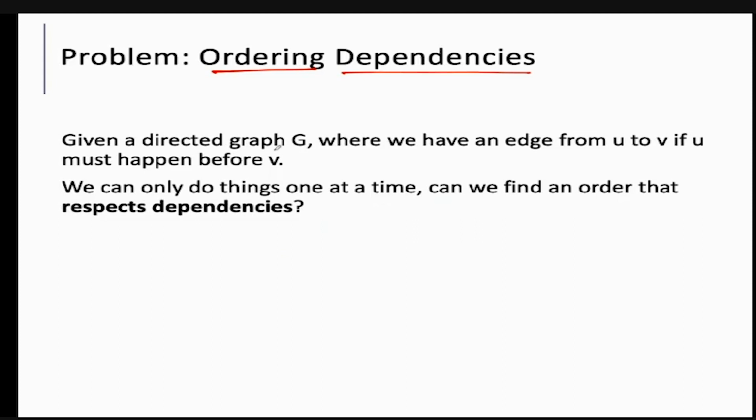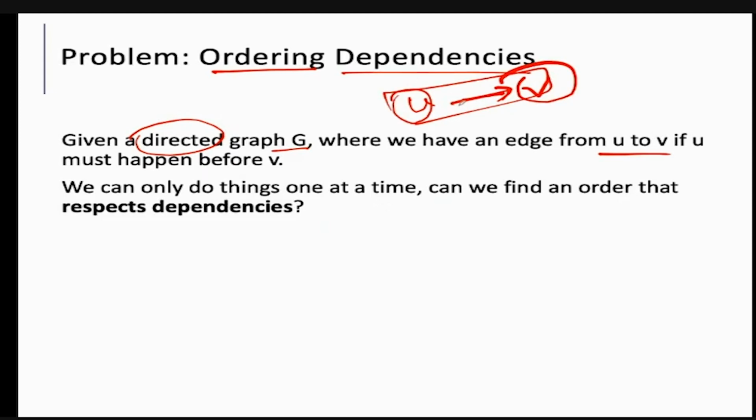For instance, given a directed graph G, where we have an edge from U to V. Note that at first we are given a directed graph and the edges go from U to V. These edges mean some dependencies.